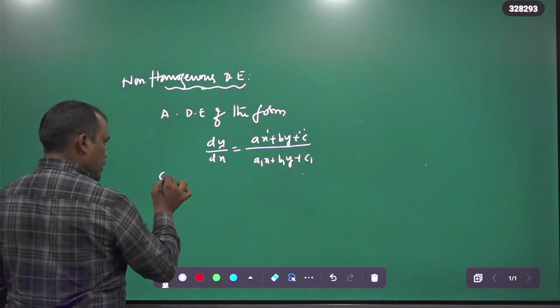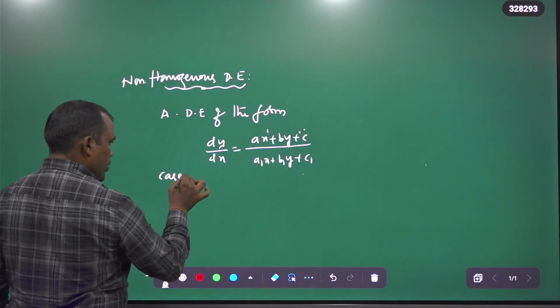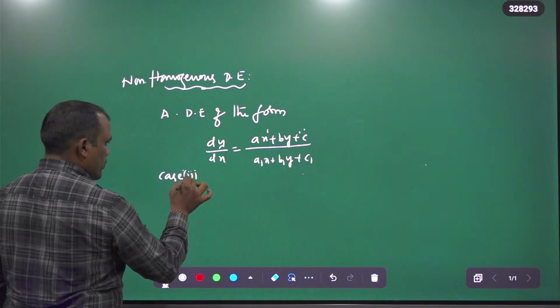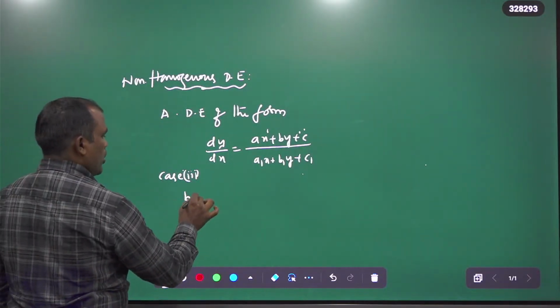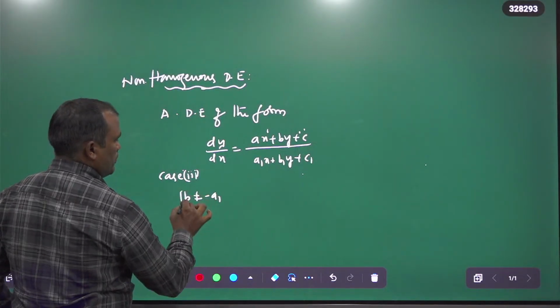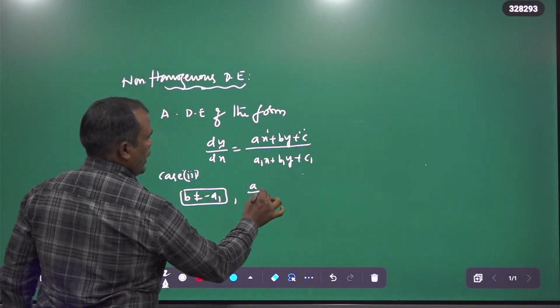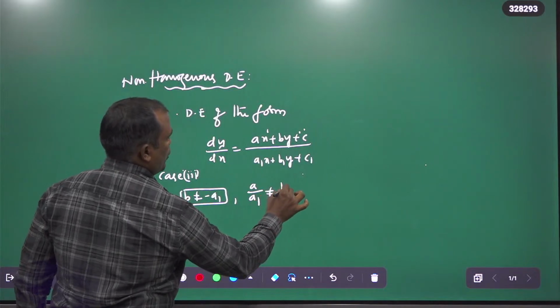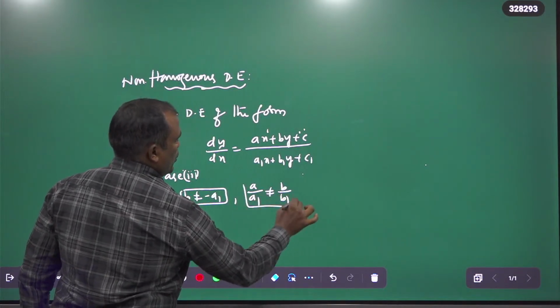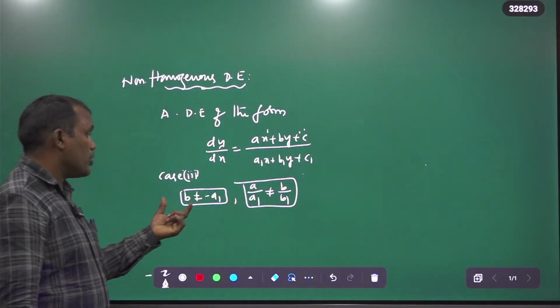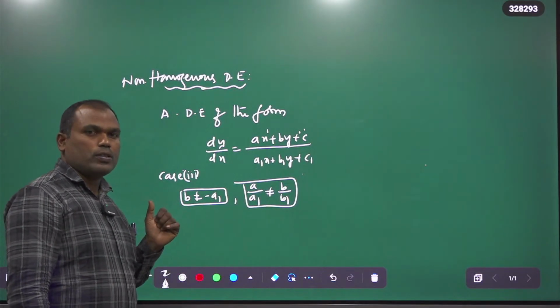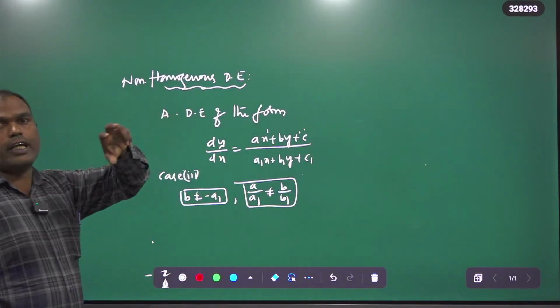So in this case, this is very important, case 3. Case 3 means b is not equal to minus a1, and one more, a by a1 is not equal to b by b1. So whenever a non-homogeneous equation satisfies these two conditions, that problem belongs to case 3.